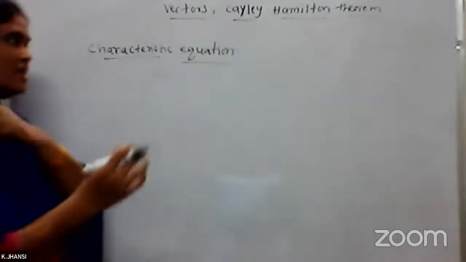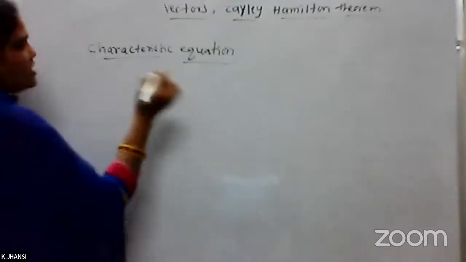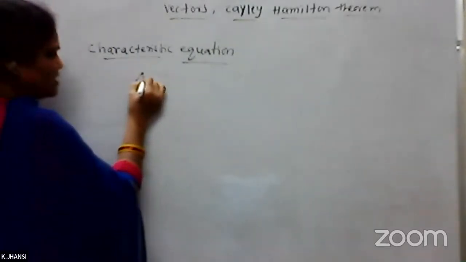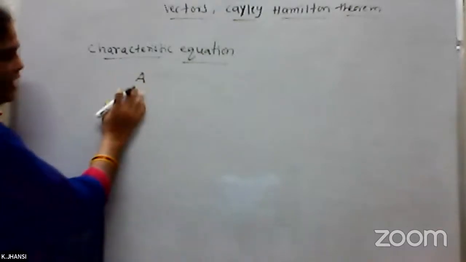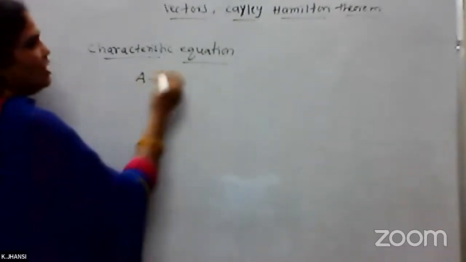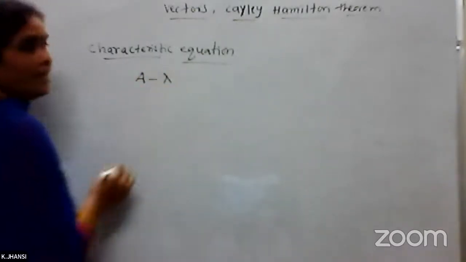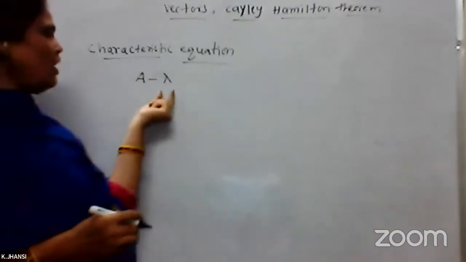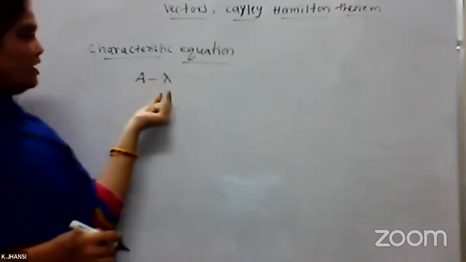Okay, characteristic equation means, first thing, whatever the quotient matrix is, that we will represent as A minus lambda I, where lambda is any indeterminate.